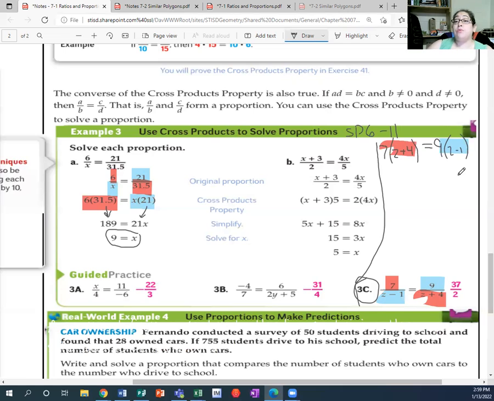Really important. I really want to see you working on this skill. That is the cross multiply and solve. Because when you hit algebra 2, there's an entire section where you have to do this and the fractions look crazy. There's very few numbers involved. Okay, so I want you to remember that anytime you have one fraction equal to one fraction, you can always do this cross multiply thing.